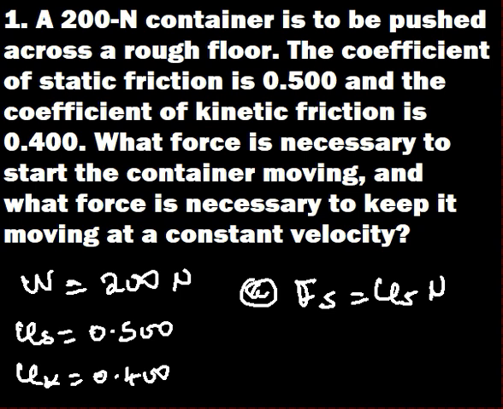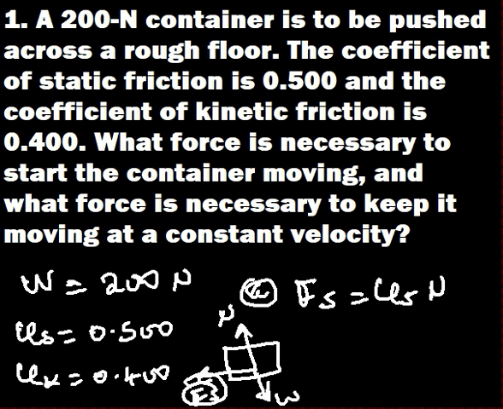Let's say this is the container of our interest, and we have the weight of the container, W, and the normal force, which should be acting upwards. We are looking for the static friction force, that is the force responsible for starting the container moving.